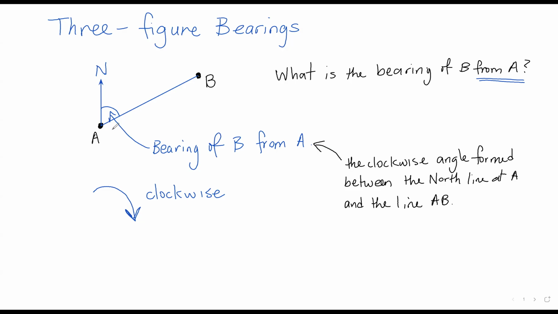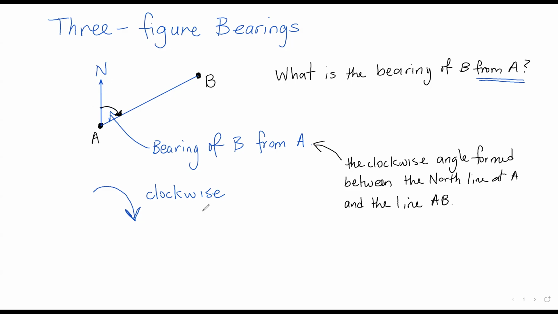So if you're here, to get to B, you would have to turn in this clockwise direction. And this clockwise angle is called your bearing of B from A.